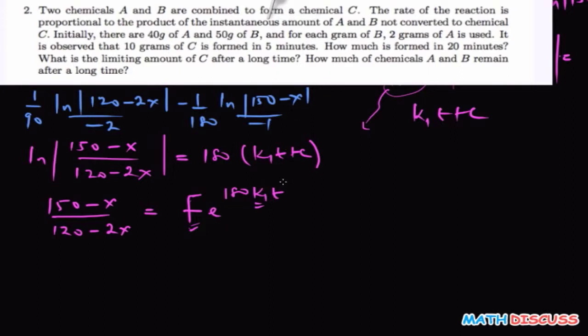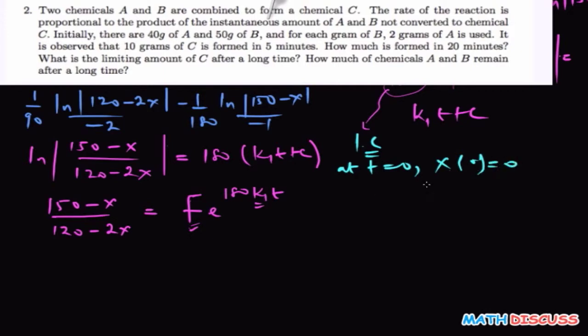Now the next thing is we need to use the initial condition, so we can clear k1 and f. Now the first initial condition we observe is actually an intuitive initial condition that says when A and B react, the initial amount of the chemical formed at time 0. So at t equals 0, the quantity of C formed, that's the quantity of the chemical formed, is going to be 0 because there's no quantity formed when the time is 0.